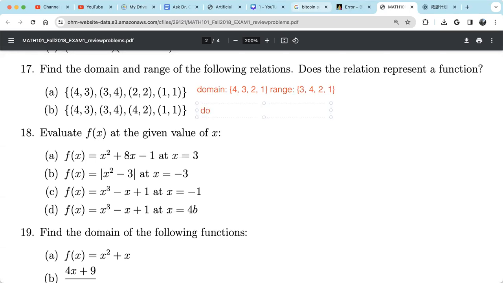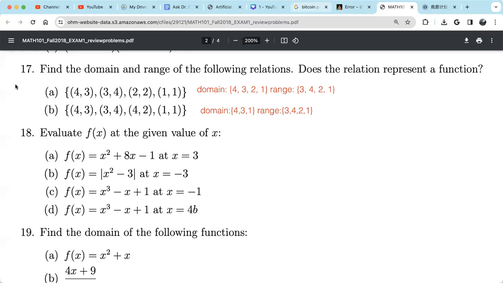Let's write the domain. Domain we have 4, 3, 4 again, then 1. Range, the second members: 3, 4, 2, 1. Okay, is this a function?